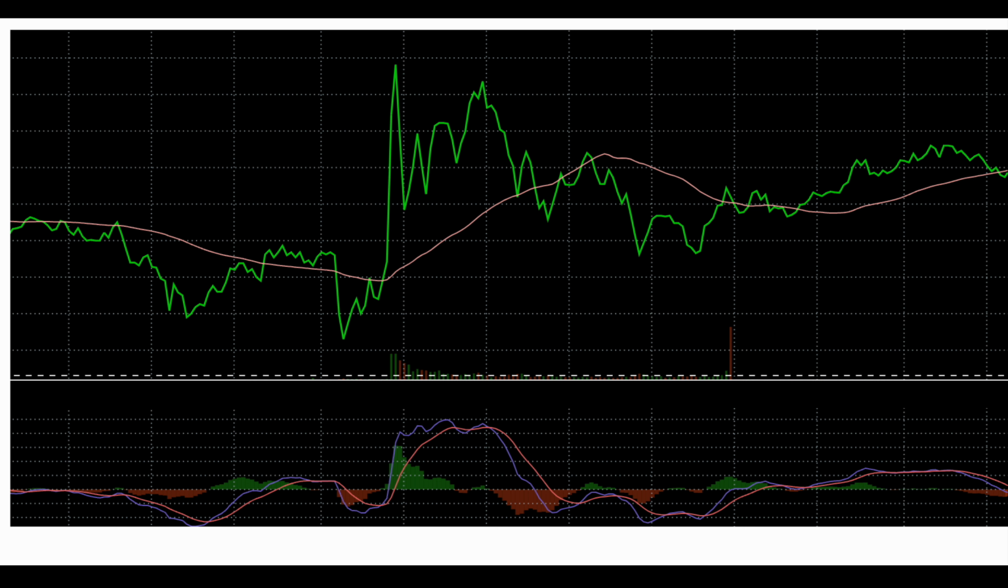And it's really good to use the charts and figure out a good entry point for the leverage ETFs, because when they run, and when they go down, you want to have as low a cost average as possible with leverage ETFs.